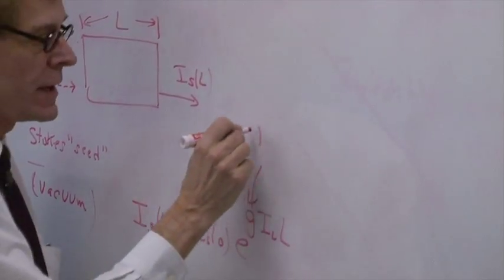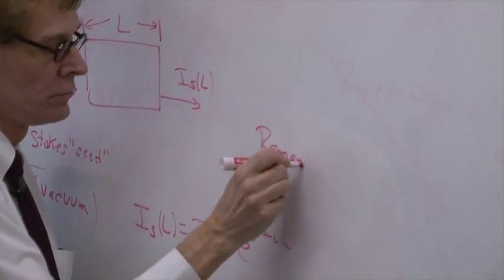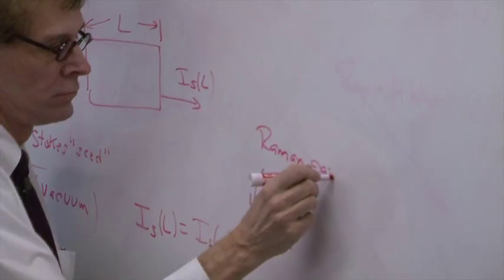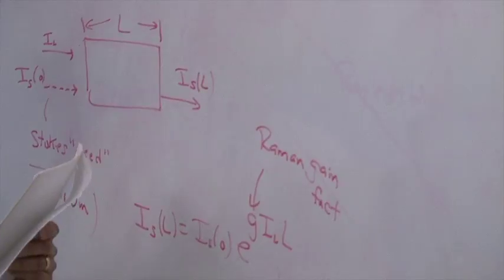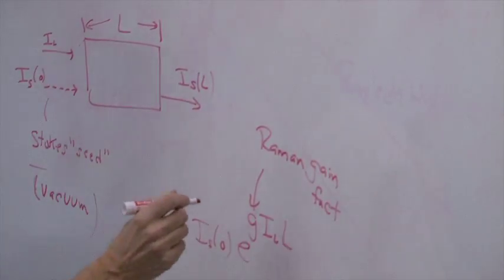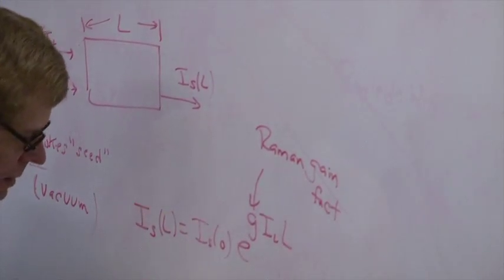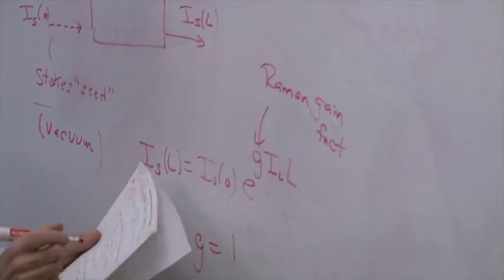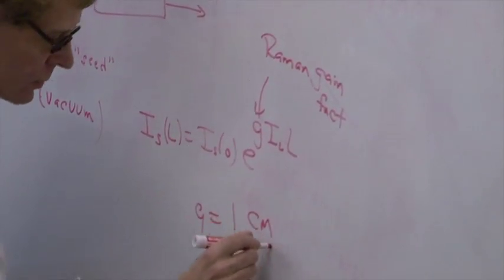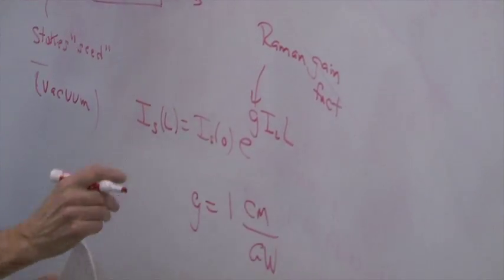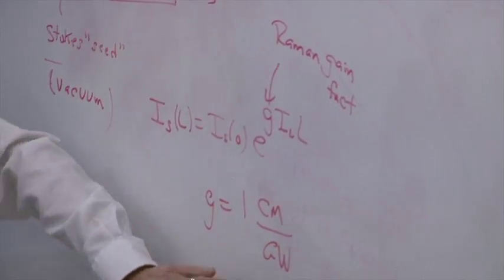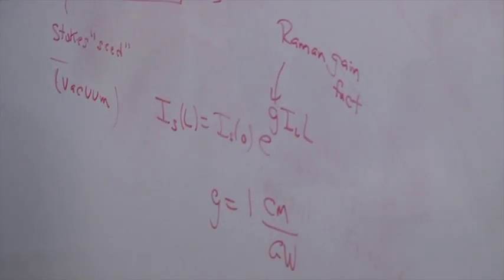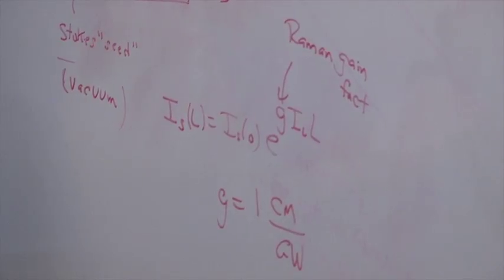We'll call it the Raman gain factor. And a typical value might be g equals 1 centimeter per gigawatt. So if you have a few gigawatts of laser power, that's when you're going to be able to get a fair amount of Stokes light generated.